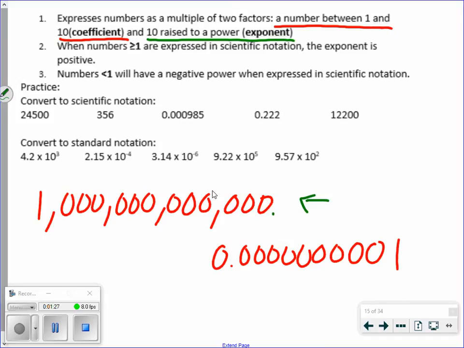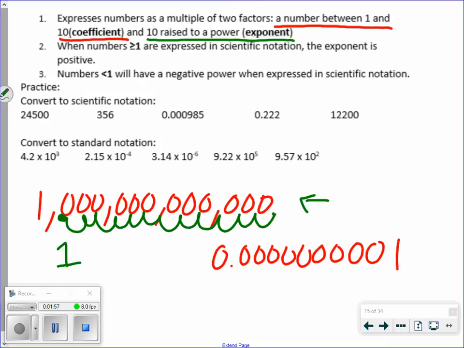Where could I put my decimal so that I have a number between 1 and 10? After the 1, okay? So I could move my decimal all the way over here. All right, and then that will give me a number between 1 and 10, so that will give me a coefficient of 1.